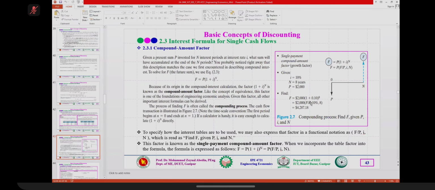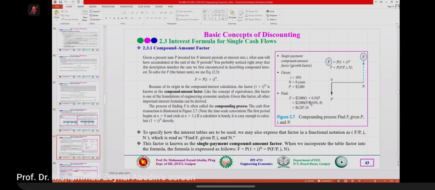The process of finding F is often called the compounding process, as it is the future value we are going to find. The cash flow transaction is illustrated in figure 2.7, given on the right side. Note the time scale convention.